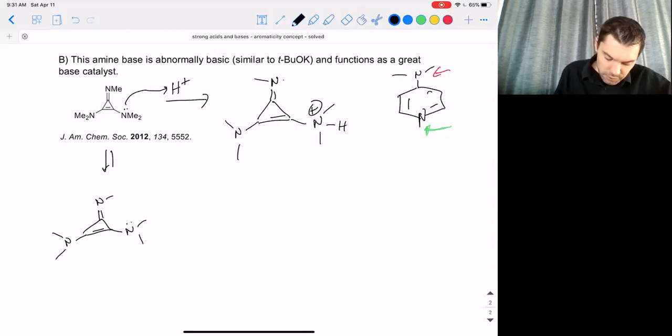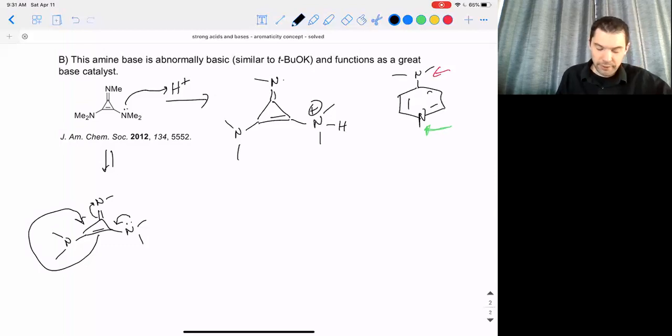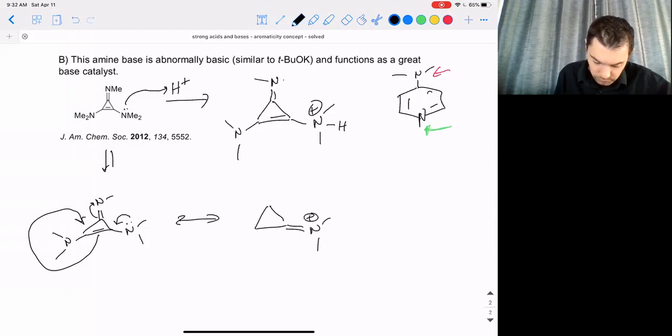The key resonance structure here that we're going to want to consider is moving that nitrogen lone pair around, taking this double bond all the way over here, and then moving that double bond up onto nitrogen. And so this would be a resonance structure, like so.